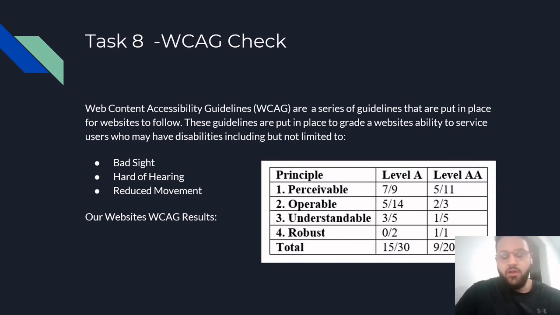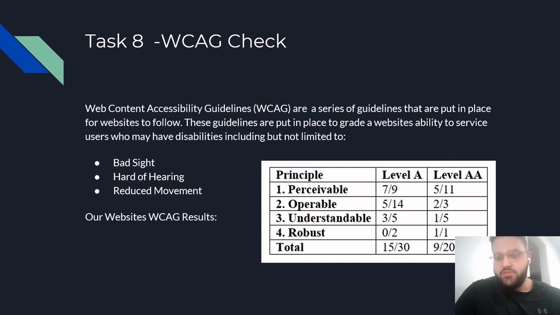Now, our online shoe store's results for the 4 different principles is 7 out of 9 for level A and 5 out of 11 for level AA. For operable, 5 out of 14 for level A, and 2 out of 3 for level AA.